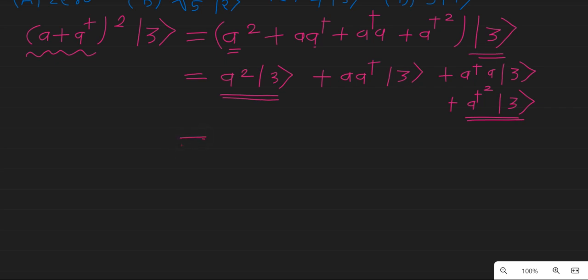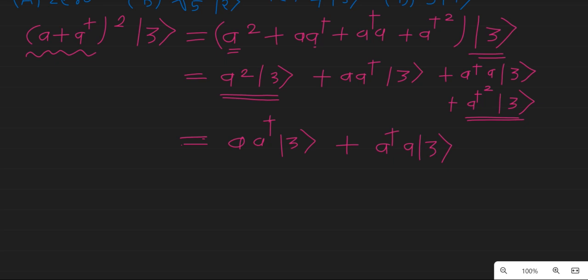So we are only left with A A dagger operated on 3, and A dagger A also operated on 3.